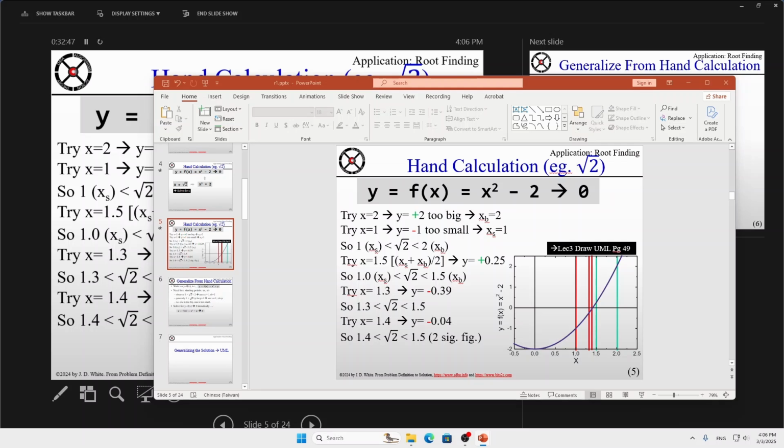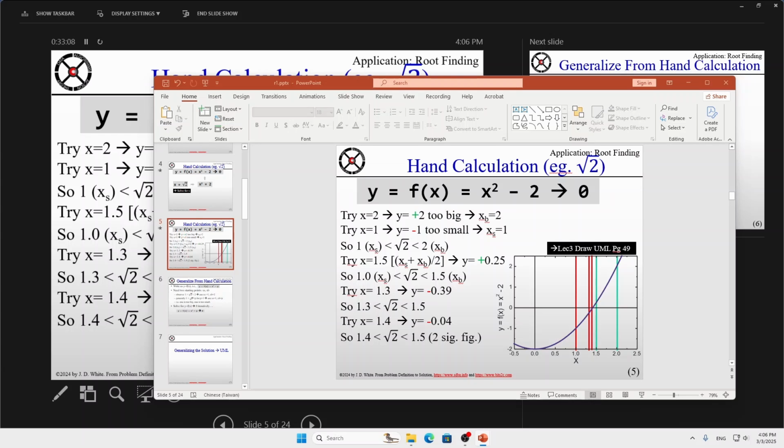I did that calculation and found that y is greater than 0. Therefore, I set xb equal to 1.5, and I output xs and xb, which was 1, comma, 1.5. Okay, up to here, okay.